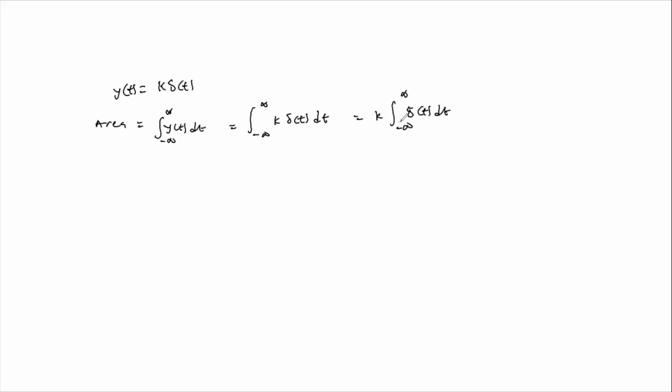And now we already established that this extends to unity, so k times 1 is the same as k, such that the output is therefore something like this.